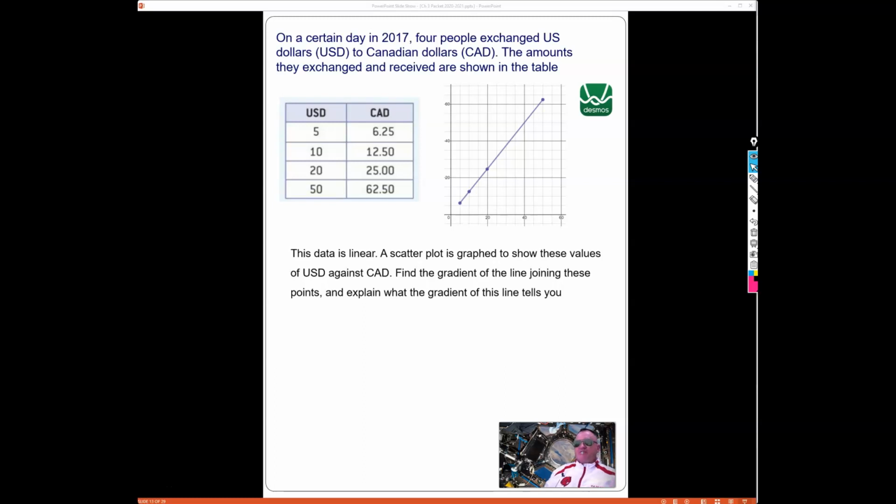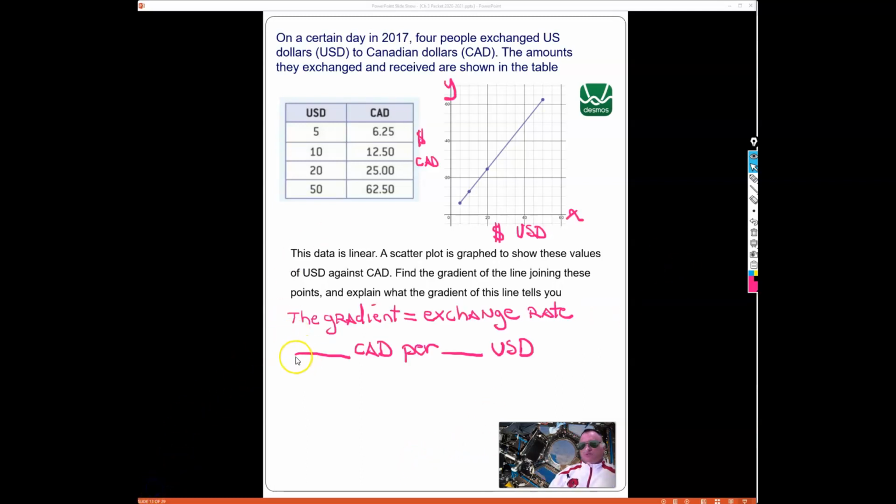This data is linear, so when we do a scatter plot, we're going to get a line, and a line has a constant slope, and that slope is going to be the exchange rate. So what we'll end up with is some amount of Canadian dollars per 1 US dollar. That's what we're looking to find out from this.